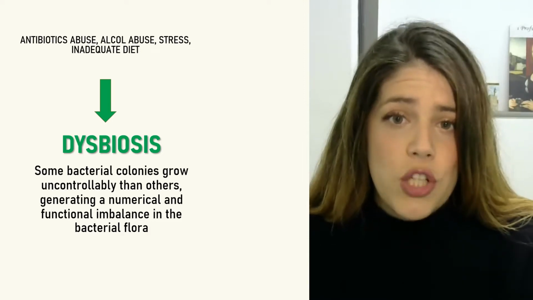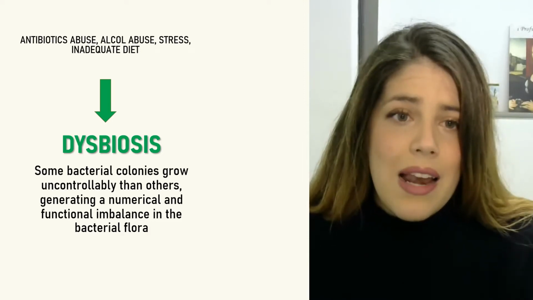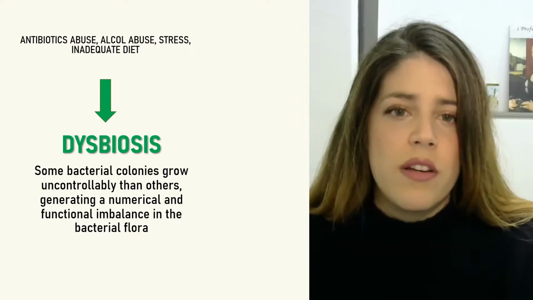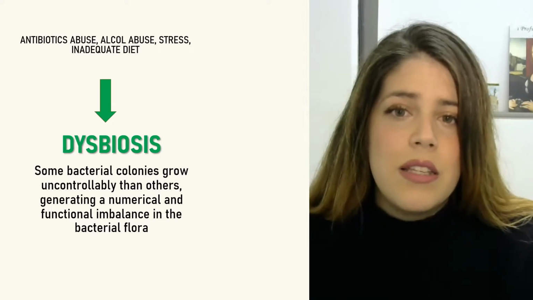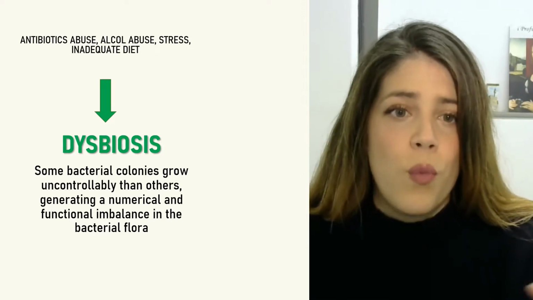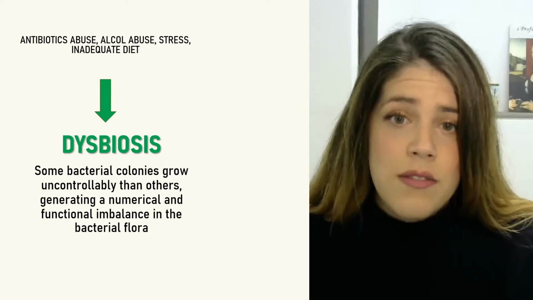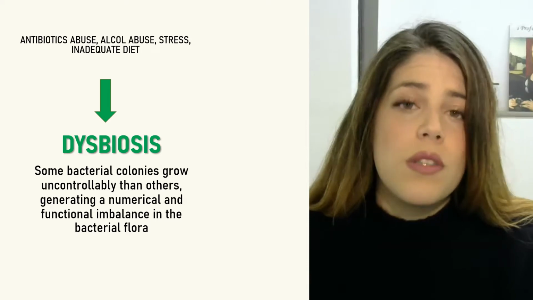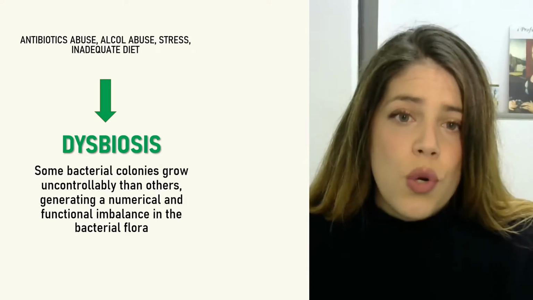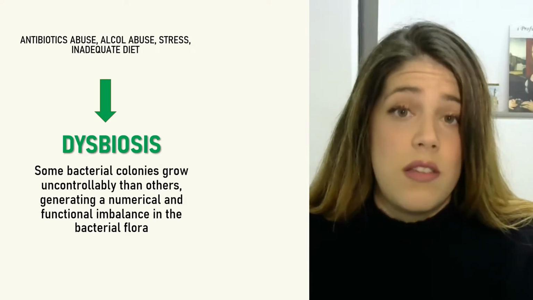In this situation, the bacterial colonies are less able to control each other's growth, and this can lead to the proliferation of one or more of them that can further damage the others, thus creating a vicious cycle. In this situation, we go towards intestinal dysbiosis.